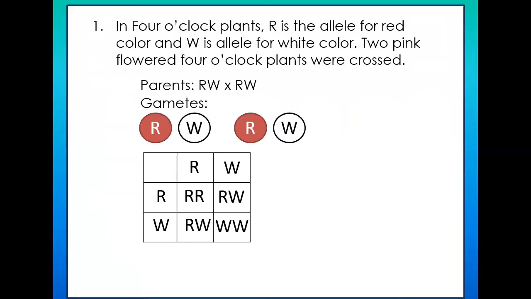If we identify the genotypes for the offspring, these are the possible genotypes of the offspring. The genotypes here are: 1 homozygous red 4 o'clock flower, homozygous because they have the same letter, the same allele for red, present in this genotype.